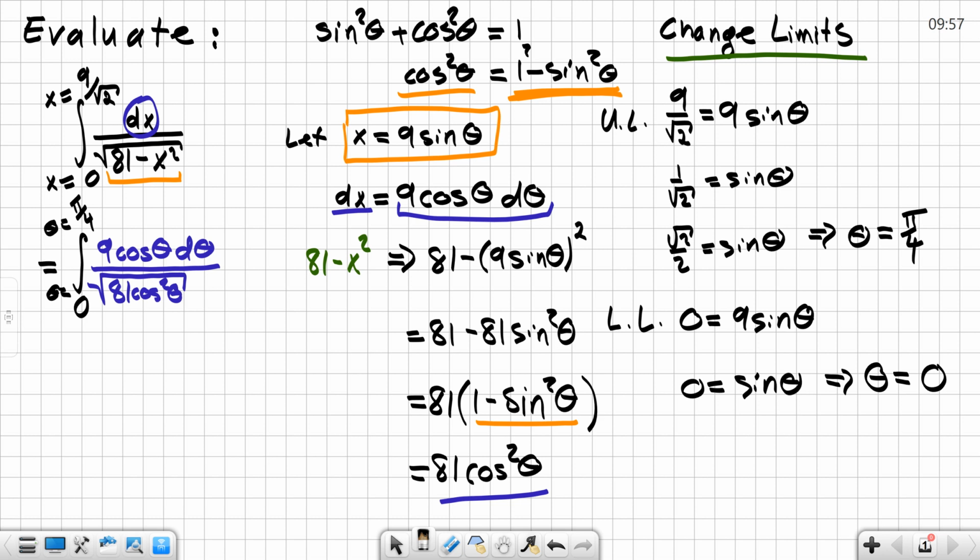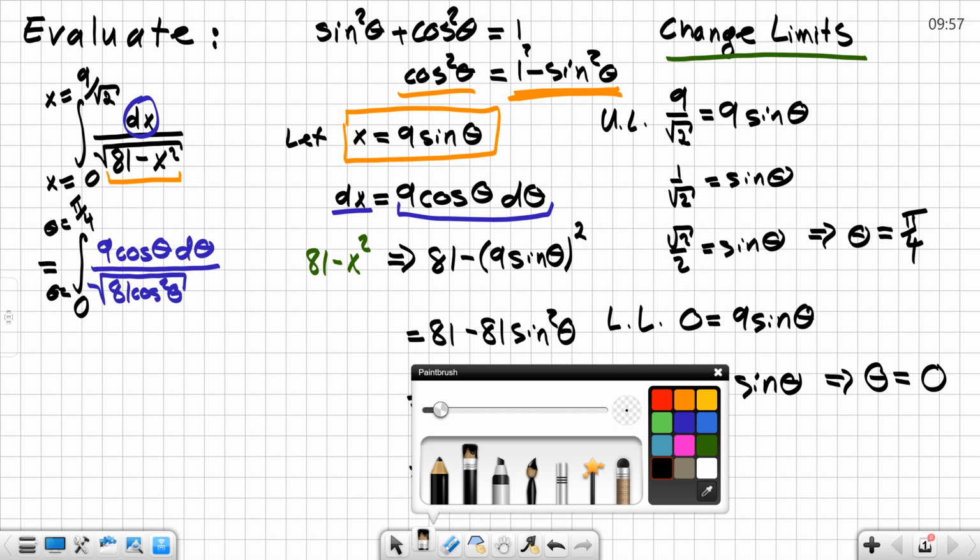Let's rewrite the integral and simplify the integrand.